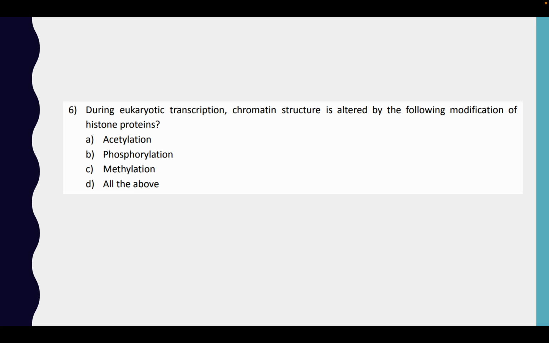Moving on to question number 6. During eukaryotic transcription, chromatin structure is altered by the following modification of histone proteins. Is it acetylation, phosphorylation, methylation, or all of the above? Anyone?